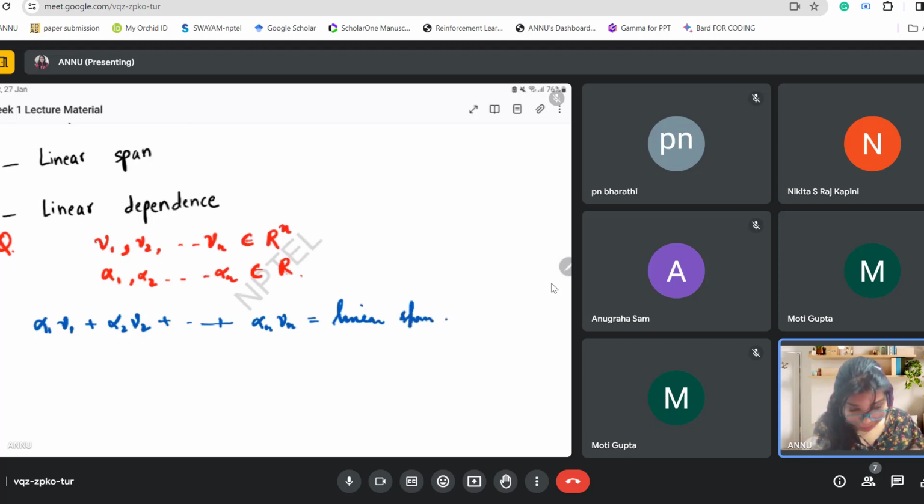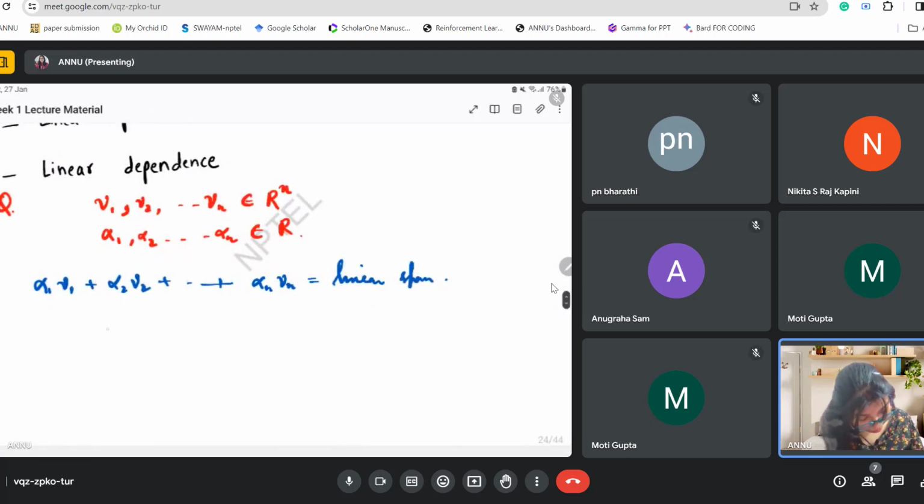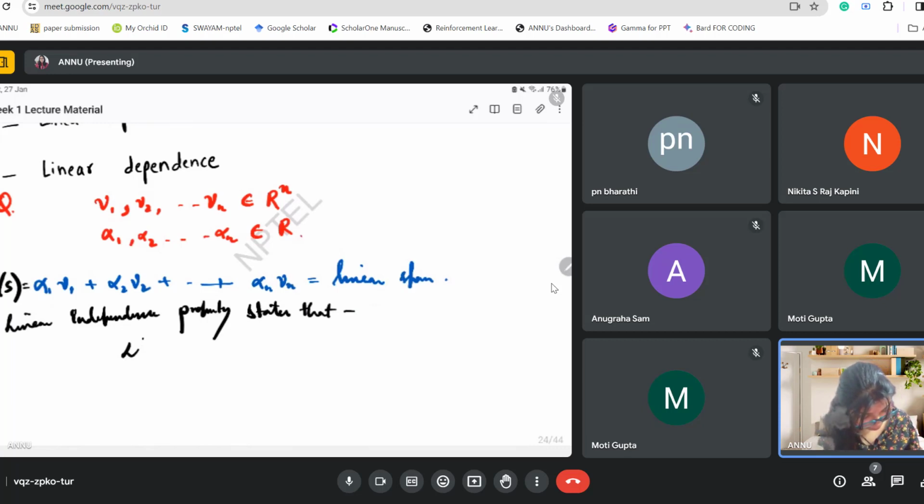Okay, and this is always a vector space, a subspace. Then, the linear independence property states that this particular linear span is equal to alpha 1 v1 plus alpha 2 v2, and so on, alpha n vn is equal to 0.